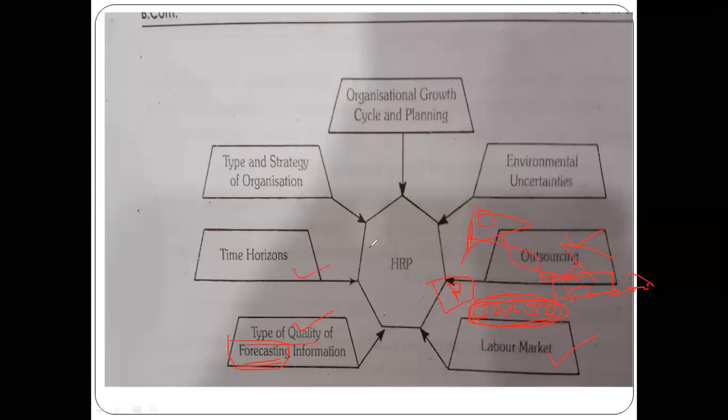Okay, time horizons. Yet another major factor affecting personnel planning is the time horizon. On one hand, there are short-term plans spanning 6 months to 1 year. On the other hand, there are long-term plans which spread over 3 to 20 years. The exact time span, however, depends on the degree of uncertainty prevailing in an organization's environment.